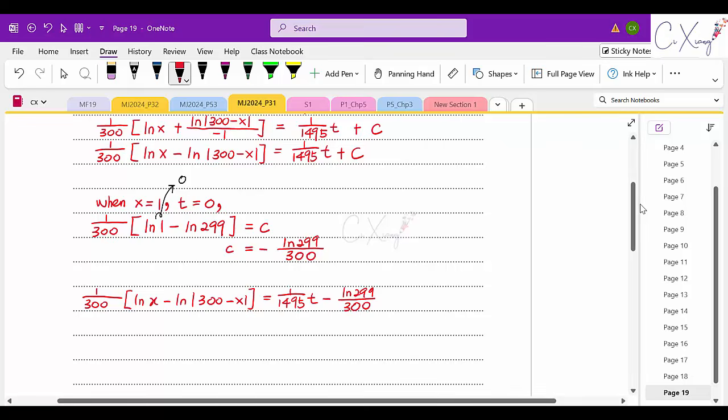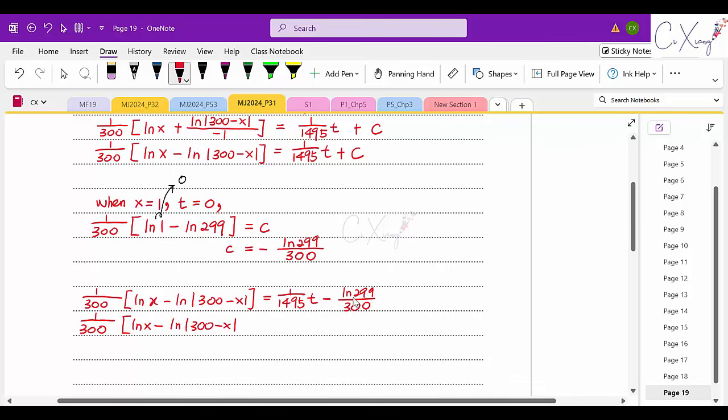For this question, they want us to express t in terms of x. To get our answer t in terms of x, we have to group everything not related to t to one side first. This is a constant term, so I will want to move it to this side. When I simplify, I'm having 1 over 300, then ln x minus ln 300 minus x.